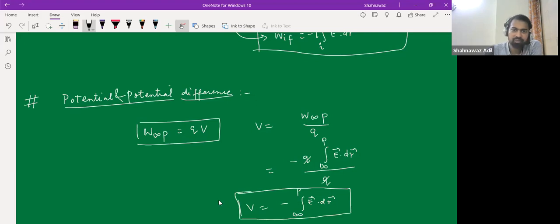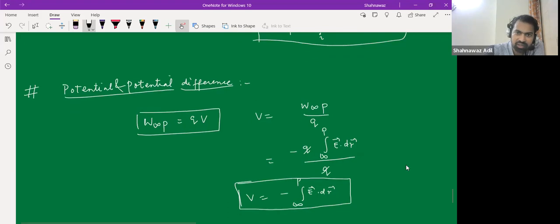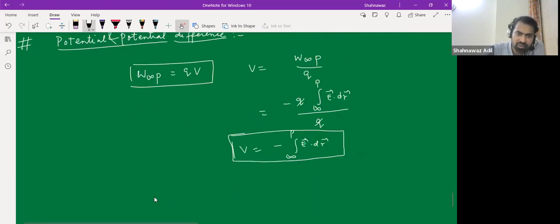But what is potential difference? So let's say this is the infinity point, this is Q, and this is some point V. So work done in bringing a charge from here to here is the potential. Now what is the potential difference?